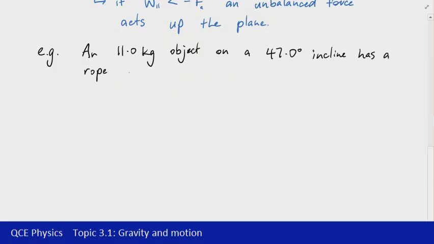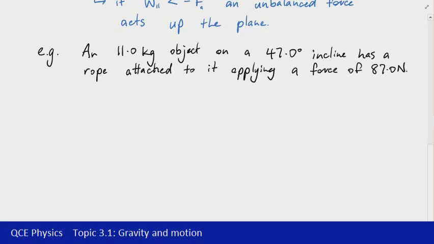So we know straight away that there's going to be a tension involved, and in this scenario that rope is applying a force of 87 newtons. So the question would then be calculate the unbalanced force on the box.